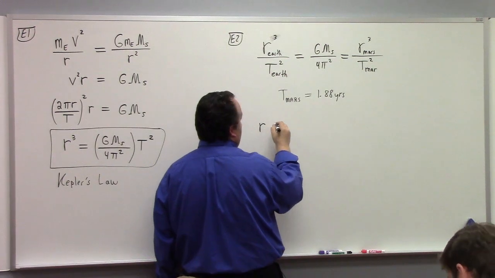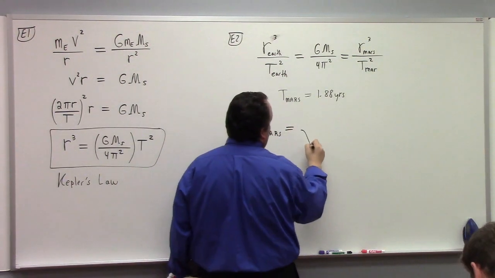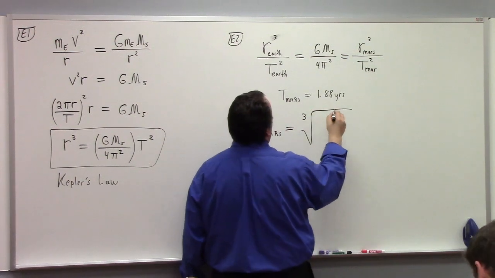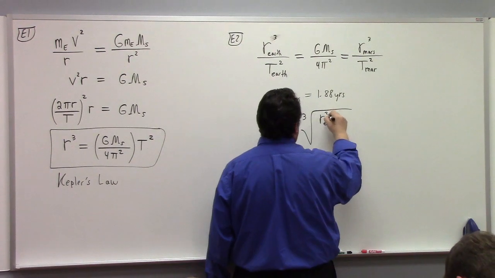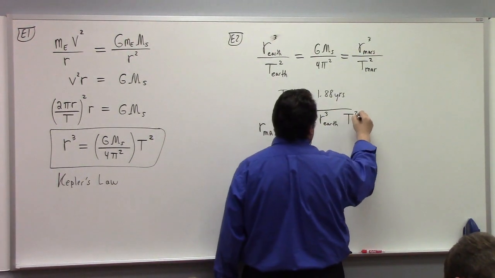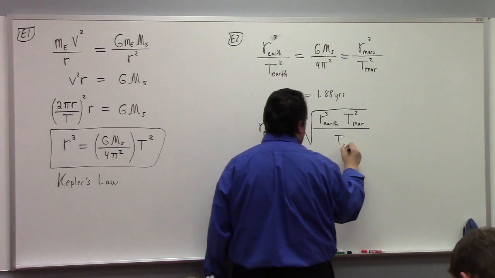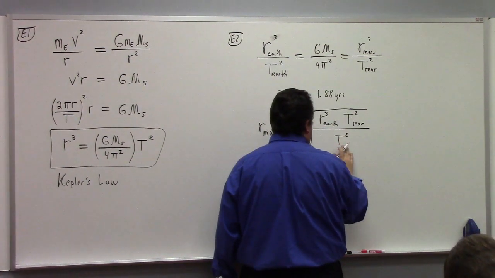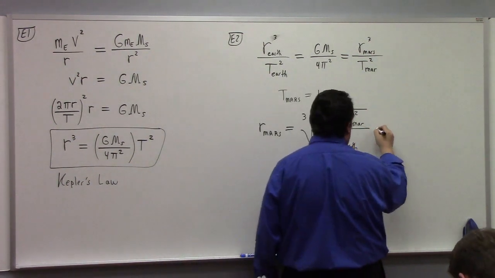Okay, so then what is R for Mars? It should be the cube root, right, of our Earth radius cubed times the square of the Martian year divided by the square of the Earth year, right? And so what is that?